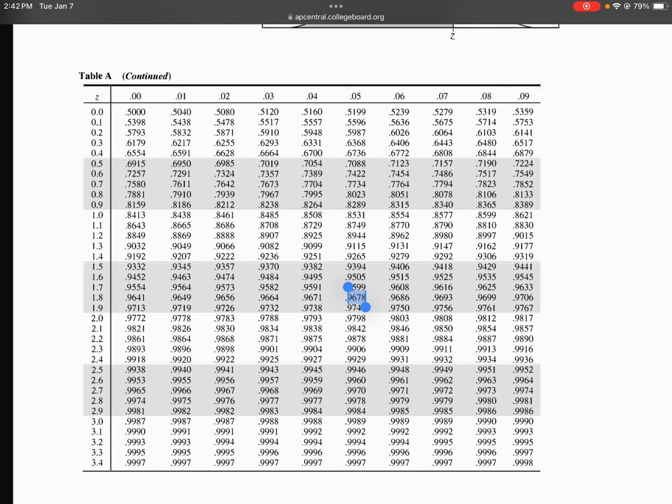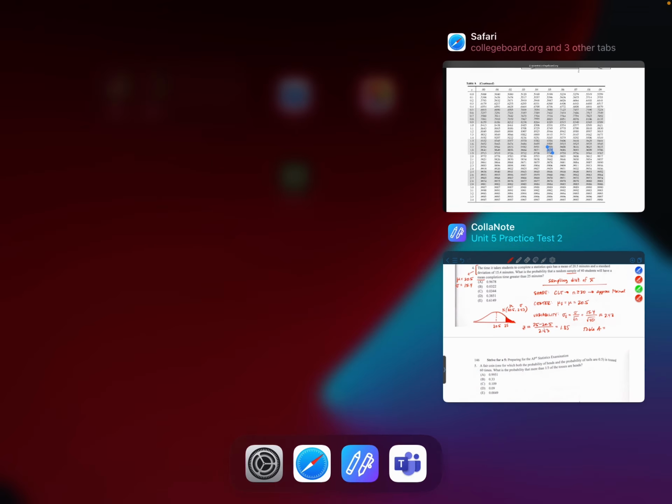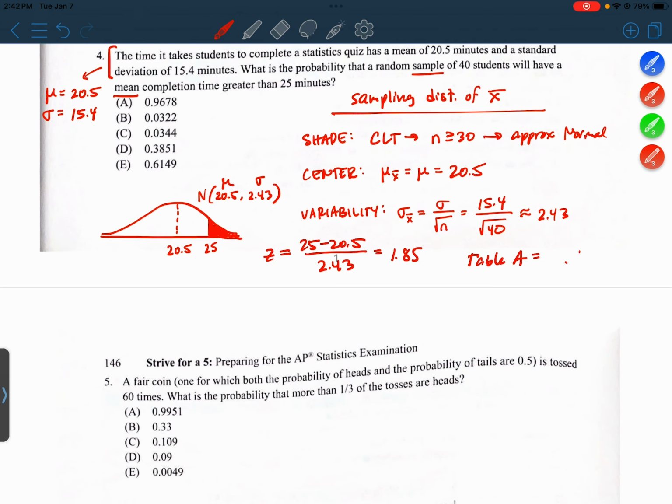0.9678. And we see that as one of the answer choices. But you should realize that that doesn't make a lot of sense because this is a number that's pretty close to 100%, but what we shaded is clearly less than 50%. It's a small amount.